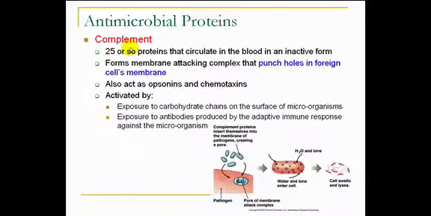A lot of bacteria, for example, have certain sugar chains on their surface that your body recognizes as foreign, and those carbohydrate chains can activate the complement. They work as a cascade where you activate one, which activates the next and the next until all 25 are activated. The other thing that can activate them is if your immune system detects the microorganism and produces an antibody against it, the antibody can activate the complement.